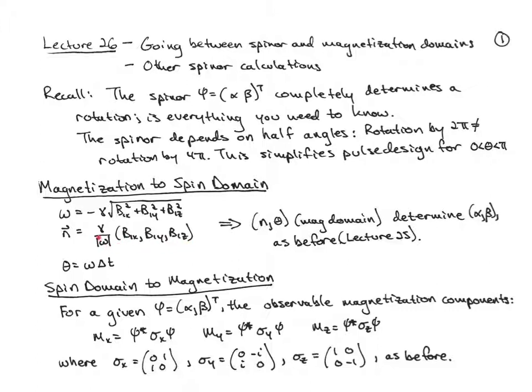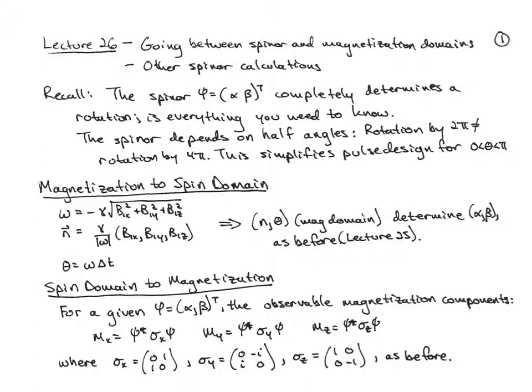So we divide by omega to normalize it so that n has length 1. And theta is equal to omega, calculated as here, times the length of the RF pulse, delta t, the subpulse, for like one time point. So these two parameters, n and theta, are in the magnetization domain, and they determine alpha and beta in the spin domain, as before, which we talked about in lecture 25.